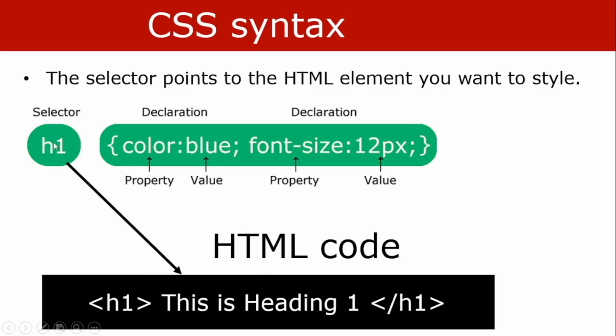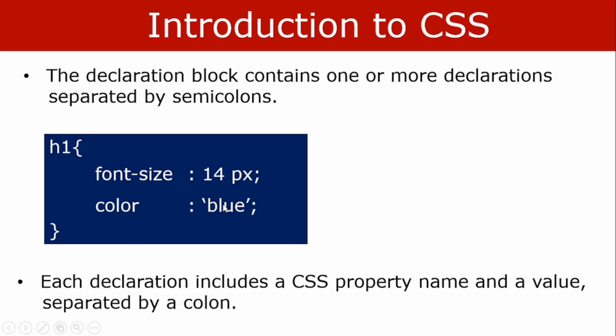So this selector is always pointing back to the HTML that you are trying to design or change. Now the declaration block always contains one or more declarations separated by semicolons.